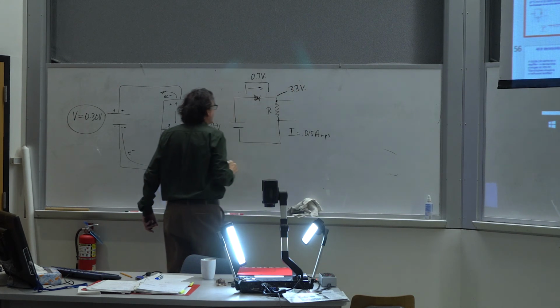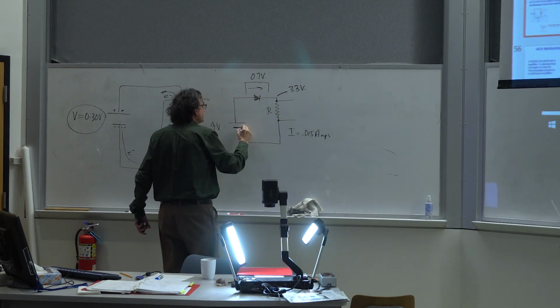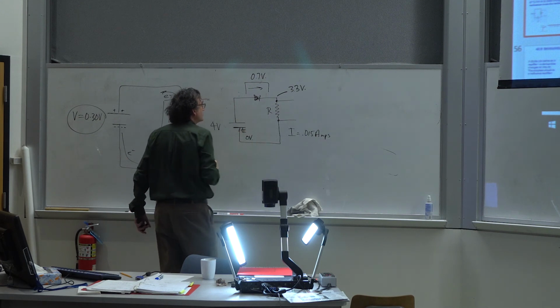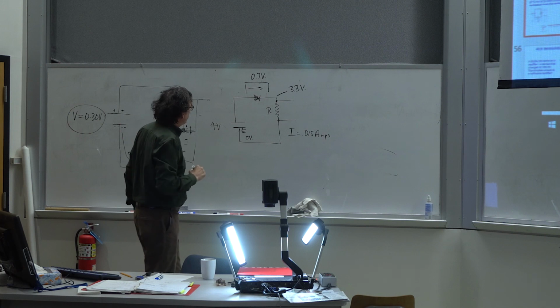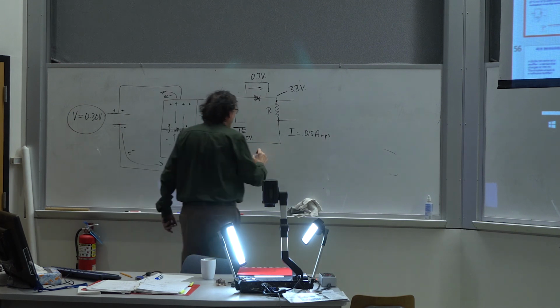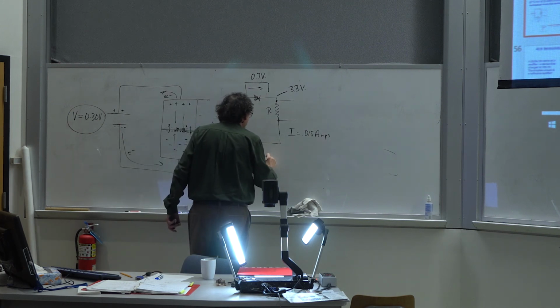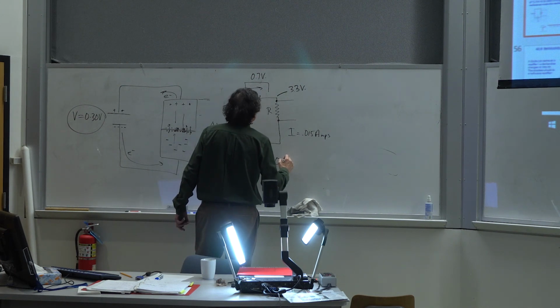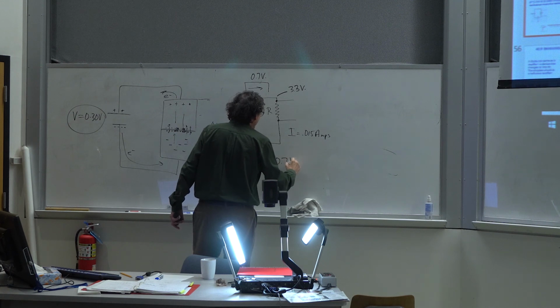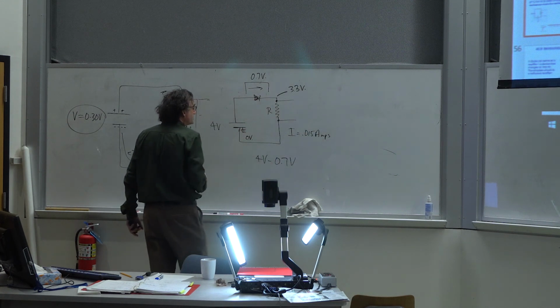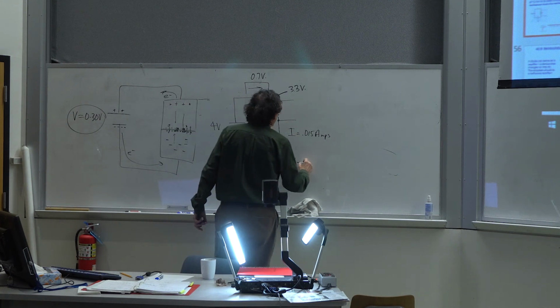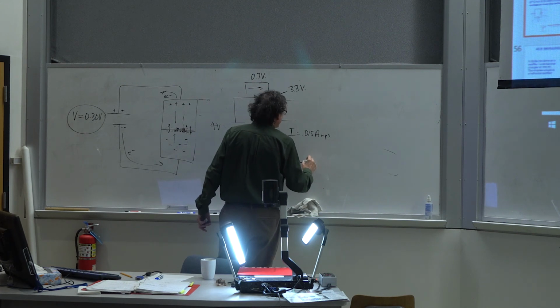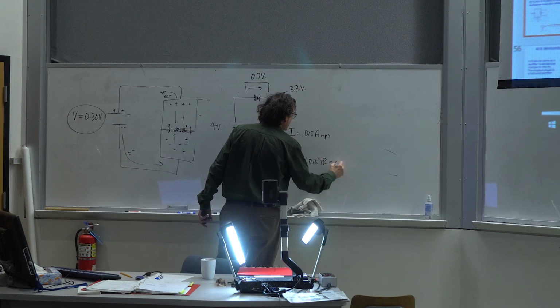Okay? And taking the other side of the battery at ground potential, or 0 volts, if I just use Kirchhoff's law, I get that 4 volts minus 0.7 volts, which is the voltage drop across the diode, minus the IR drop, which is 0.015 times R, is equal to 0.